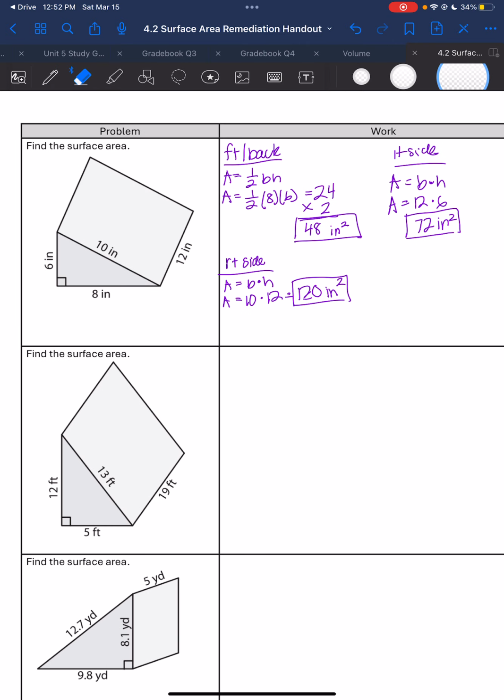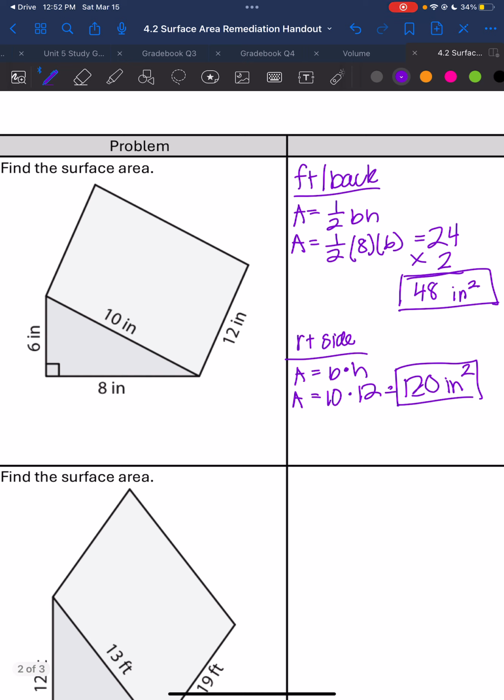Okay, so that just leaves me with one part that I haven't found yet, and that's the bottom. So the bottom is this rectangle right here. And we can call the base 8 and the height 12.